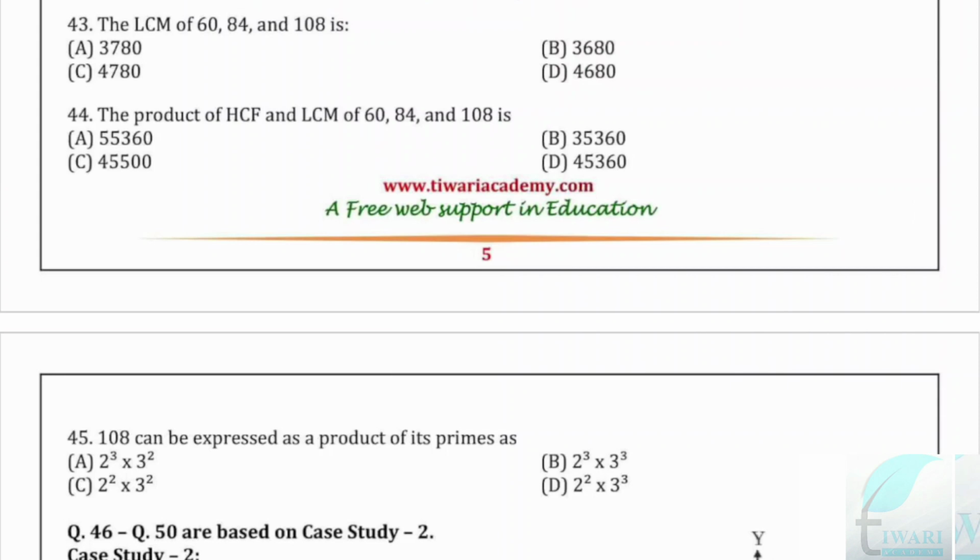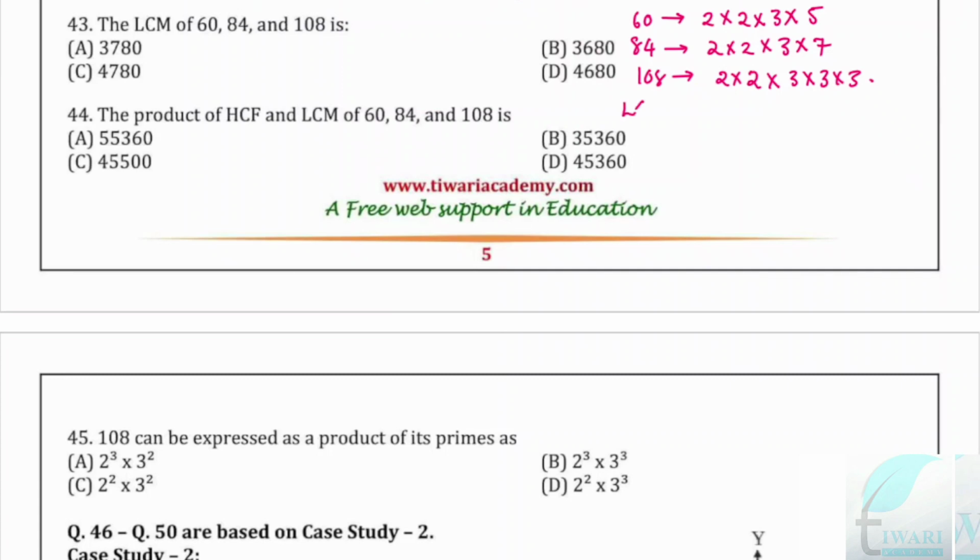Question number 43. The LCM of 60, 84, 108 is what? So let us find this with the help of prime factorization. Prime factorization of 60 is 2 into 2 into 3 into 5. Prime factorization of 84 is 2 into 2 into 3 into 7. Prime factorization of 108 is equal to 2 into 2 into 3 into 3 into 3.